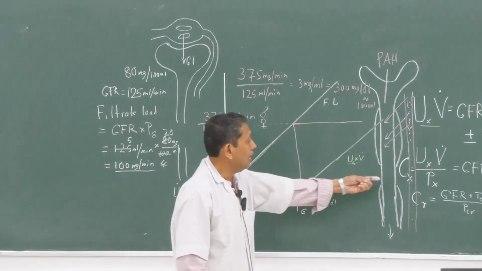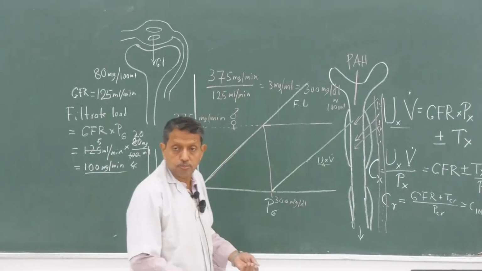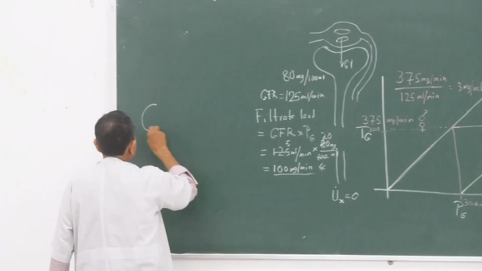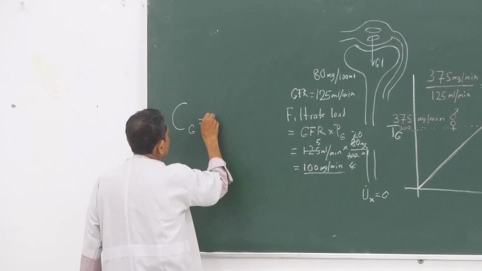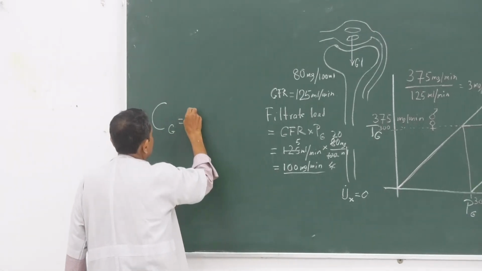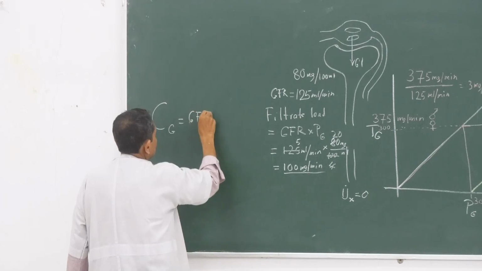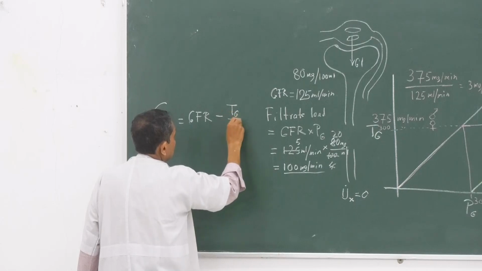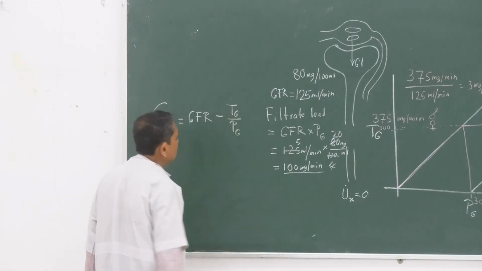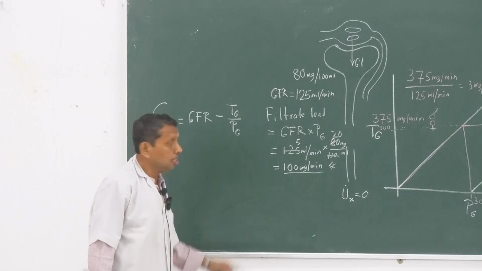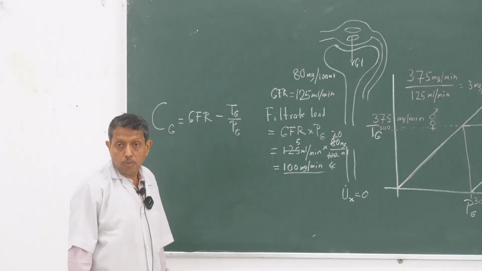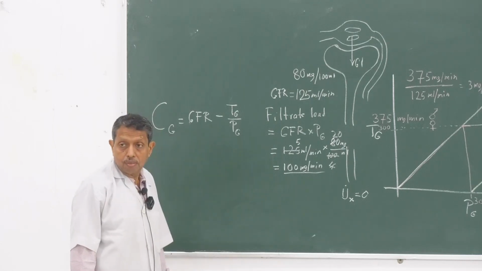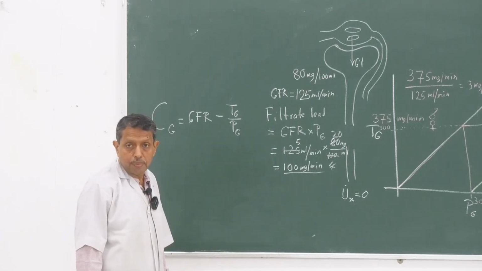So from this formula, if you consider the clearance of glucose, this is formula because glucose is reabsorbed. So whenever its clearance is less than GFR, reabsorbed.